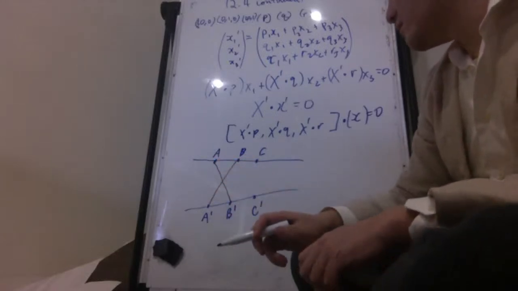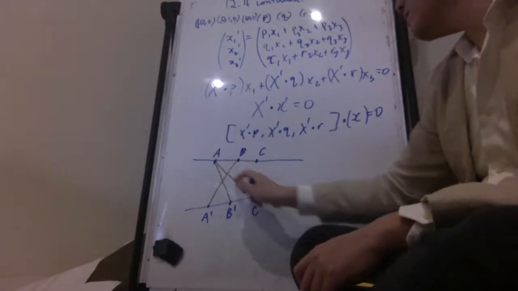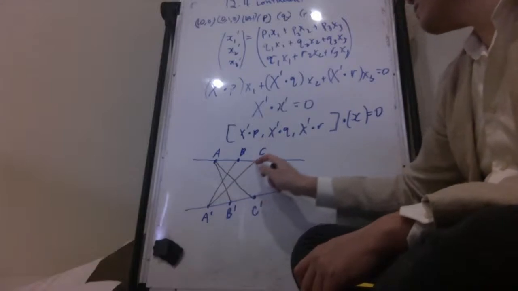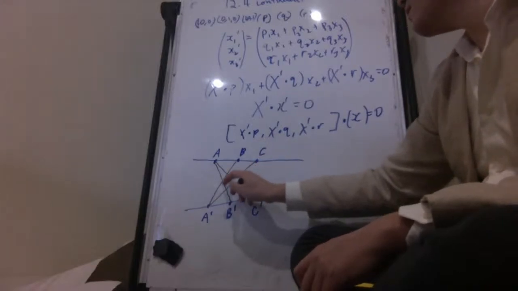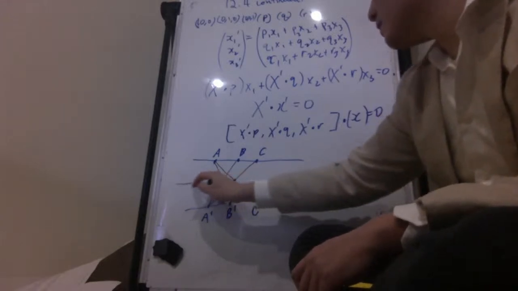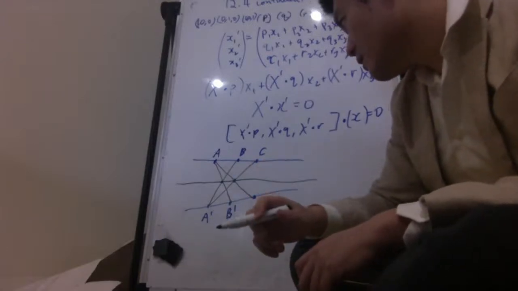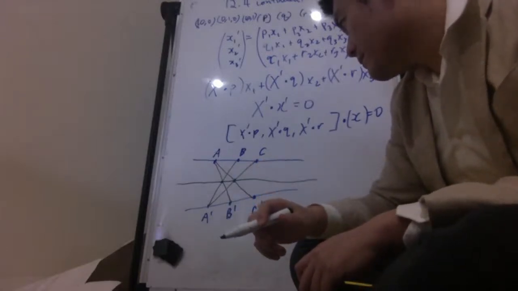You cross those, and you can cross those. Then you get these 2 points of intersection, and you draw a line.